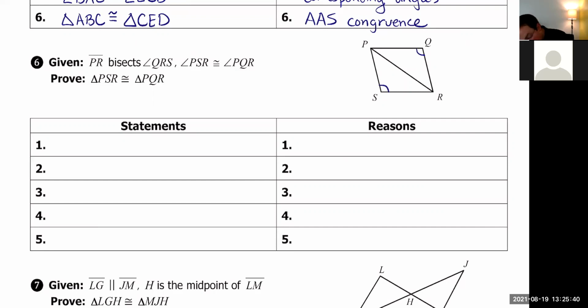So I'm going to start off by restating what's already been given. PR bisects angle QRS, which is given. Angle PSR is congruent to angle PQR, which is also given.